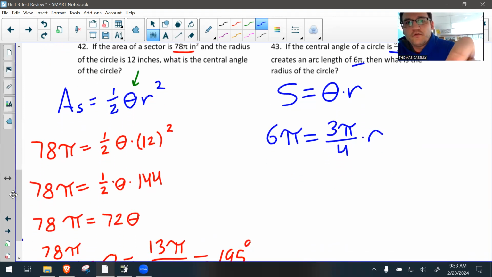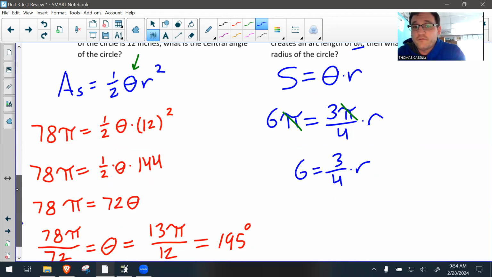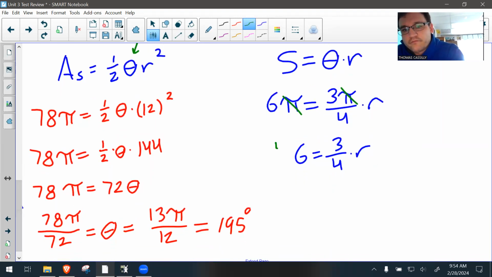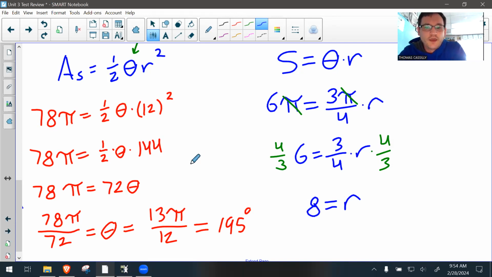All right, so first things first, pi is going to cancel out. And so 6 equals 3/4 times R, multiply both sides by 4/3. Then you're going to have 8. So your radius equals 8. All right, and that one's done.